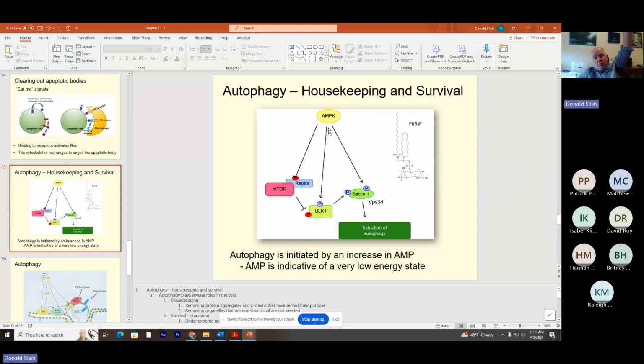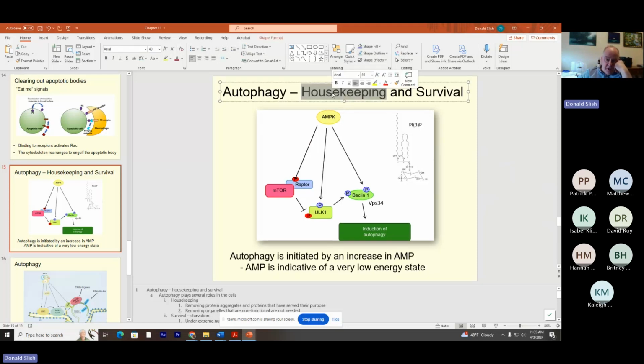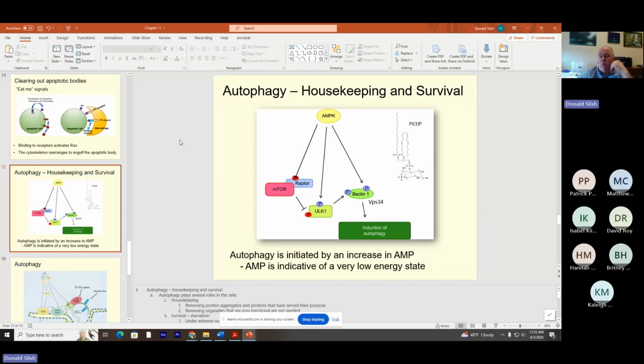But what's going on with the cell is two things. One is housekeeping. You'll have chunks of broken down organelles that don't work anymore, or proteins accumulated together that are non-functional. All this stuff has to be cleared out to keep the cell efficient.